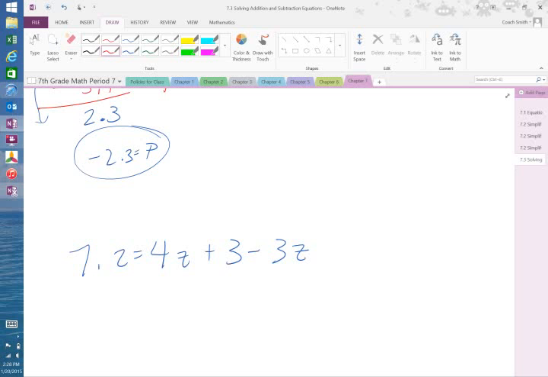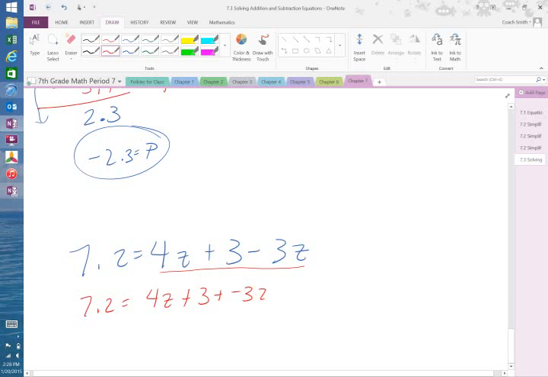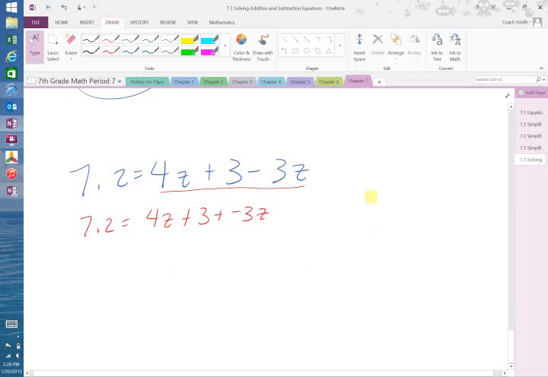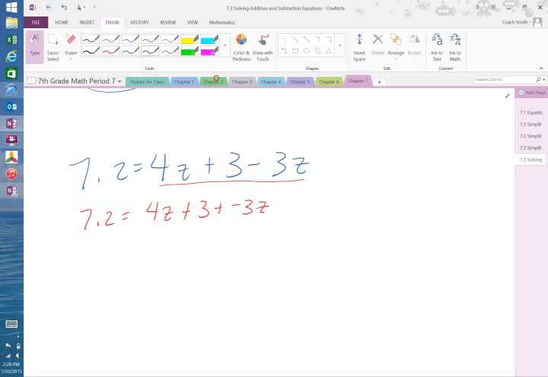Now, once again, this needs to be simplified. To be simplified, we must change all subtraction to addition. So that's 7.2 equals 4z plus 3 plus negative 3z. Now I can use the commutative property. 7.2 is equal to 4z plus negative 3z, plus 3.